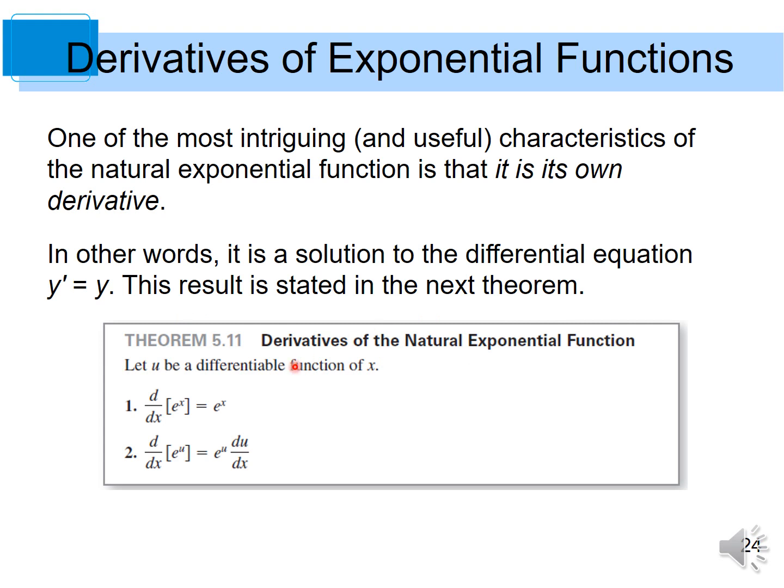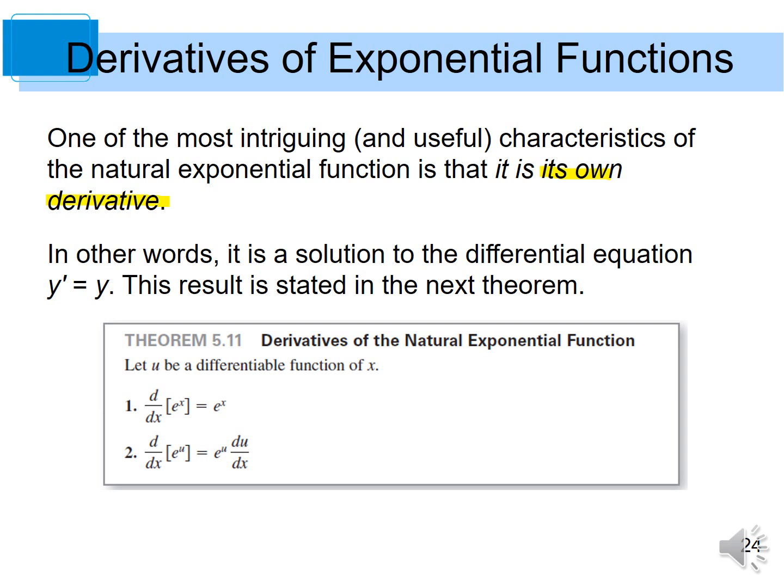One of the most intriguing characteristics of the natural exponential function is that it is its own derivative. In other words, it is a solution to the differential equation y prime equal to y.